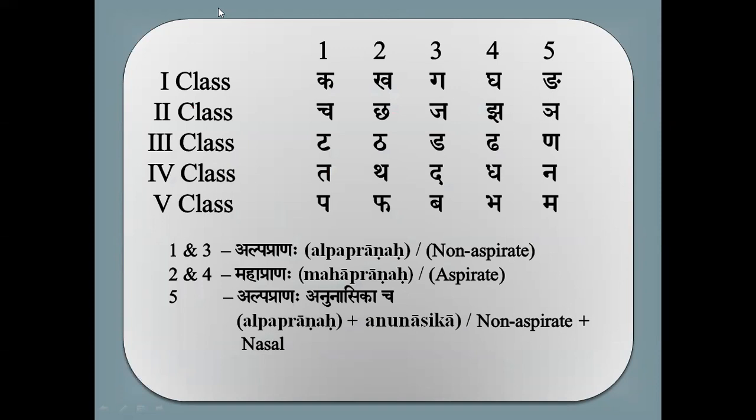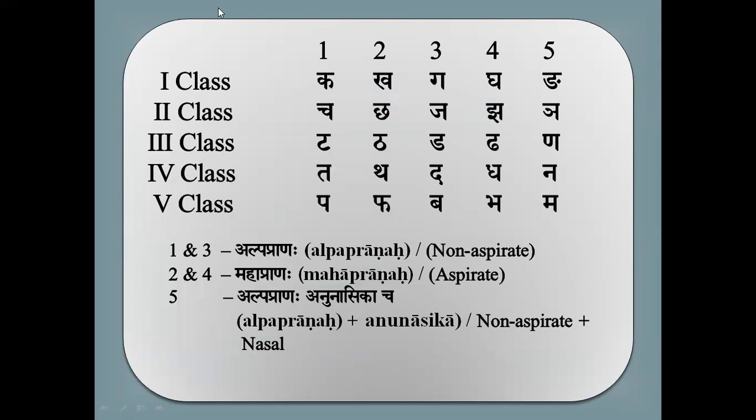So there, mahapranaha, a huge amount of air is expelled. Therefore, mahapranaha, aspirate. I hope you understand now. So the second and the fourth letters of all the classes are mahapranaha, aspirate, and the first and third letters are non-aspirate, alpa prana.